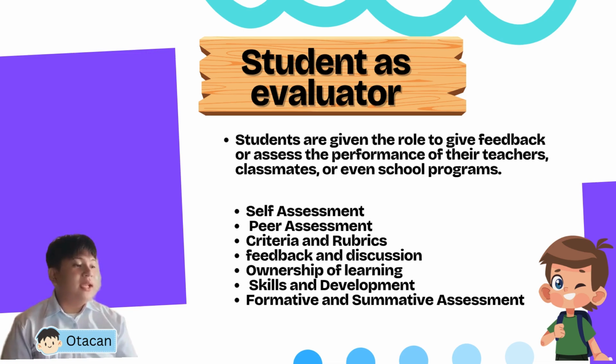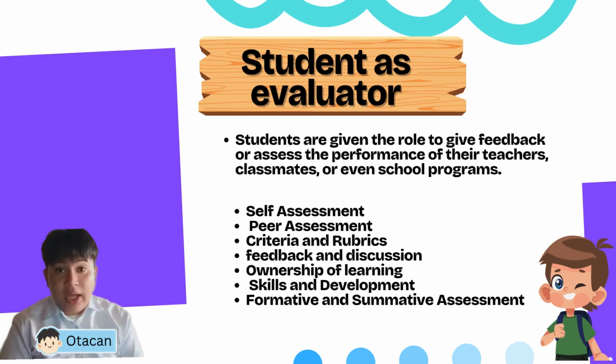So the next one is peer assessment. What is peer assessment? In peer assessment, students give feedback on each other's work using criteria or rubrics. It builds empathy, critical observation, and communication skills. For example, evaluating a classmate's presentation using a peer rubric.